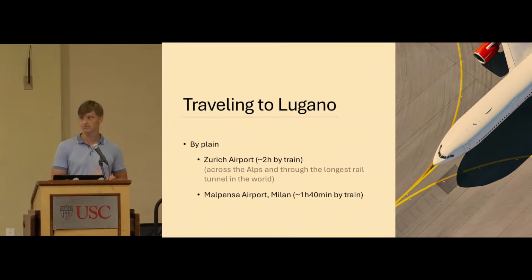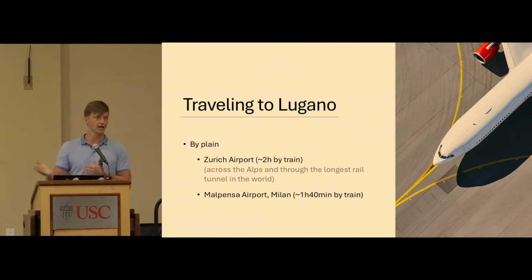Traveling to Lugano is relatively easy. You can fly to Zurich and take a 2-hour train down to Lugano. You cross the beautiful Alps, go to the other side of the Alps, and pass by the longest rail tunnel in the world, the San Gottardo Tunnel. So a very interesting trip.